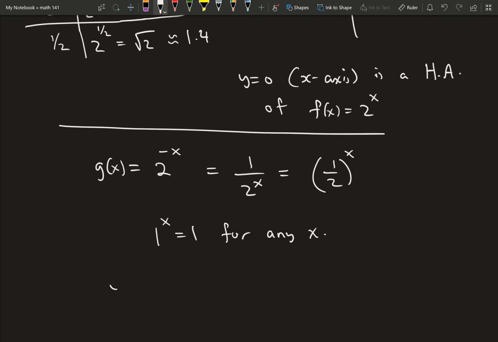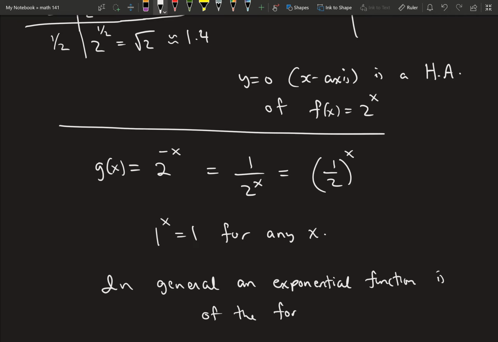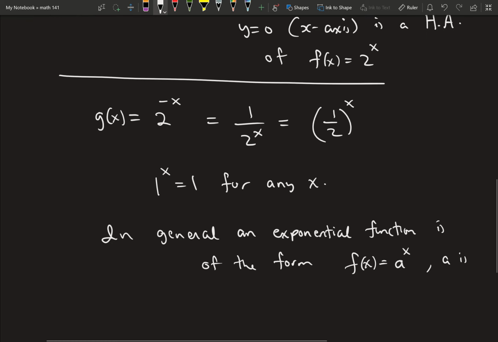So it's essentially still an exponential type function. In general, an exponential function is of the form f of x equals a to the x, where a is a number, and usually a positive number.